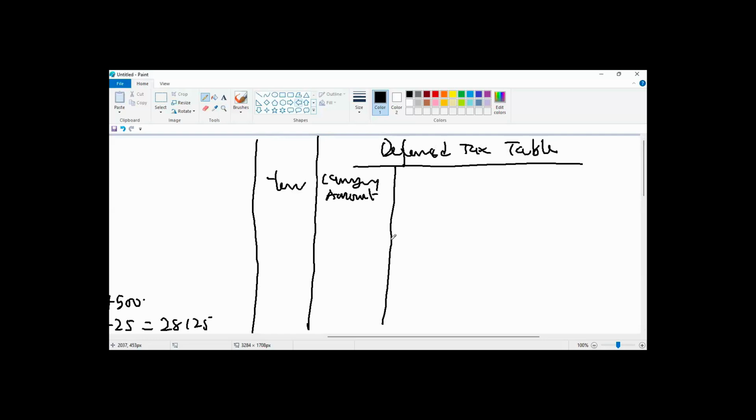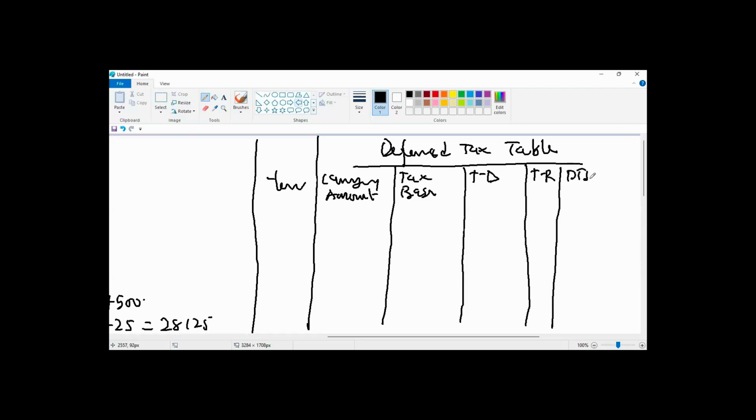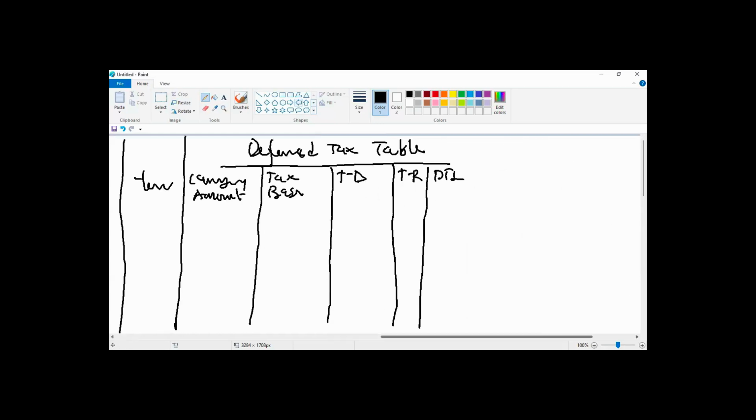Accountant. The tax base. Temporary difference. The tax rate in the question. Is it a deferred tax liability or deferred tax assets? Draw a line.